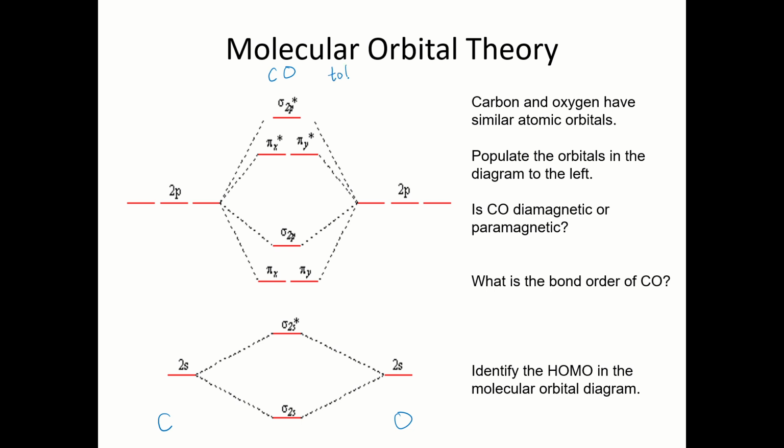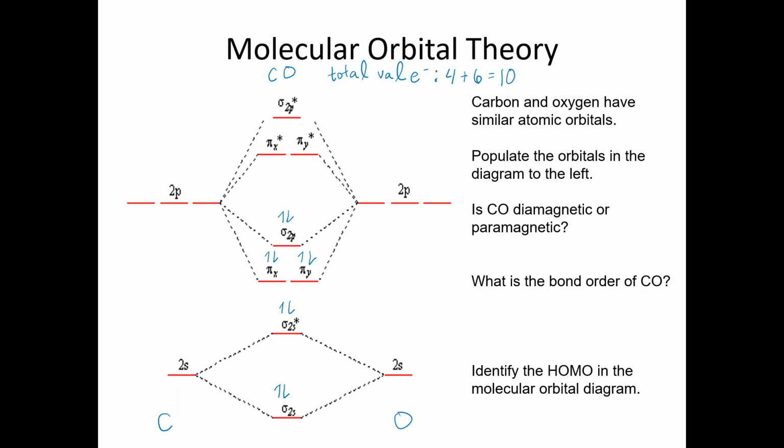Okay, so again, we first have to determine the total valence electrons. Carbon is in group 4A, so it's going to have 4 valence electrons. Oxygen has 6, it's in group 6A, for a total of 10 valence electrons. And then again, starting from the bottom, we're going to fill it up with 2, and then keep going, 4, 6, 8, 10.